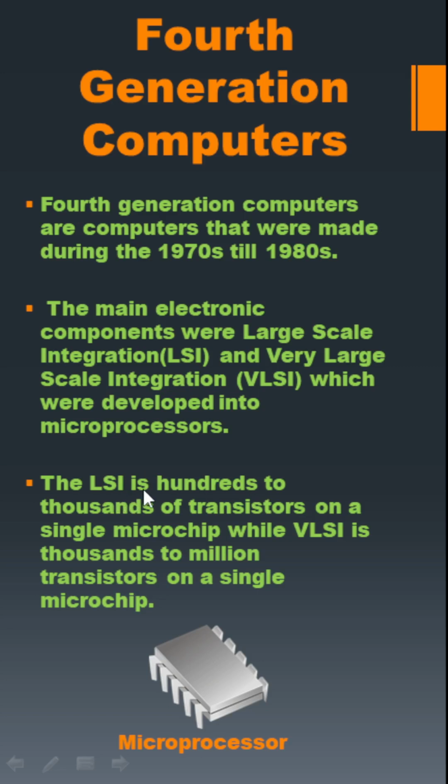The large scale integration contains hundreds to thousands of transistors on a single microchip, while the very large scale integration is thousands to millions of transistors on a single microchip.